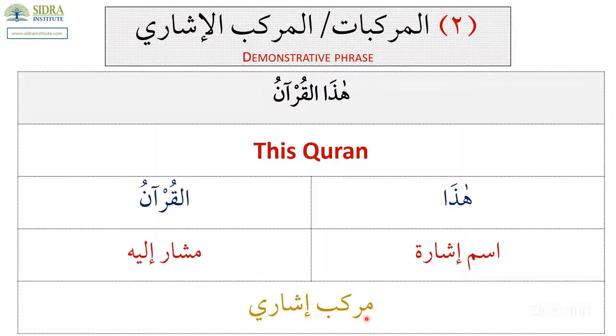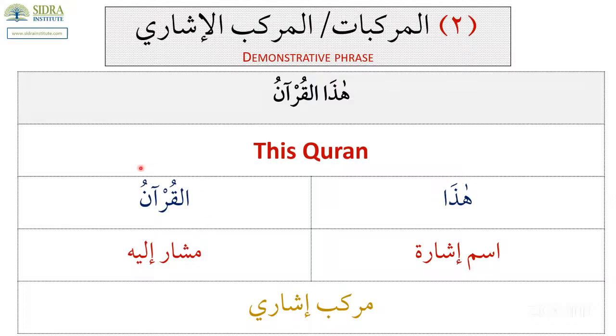Now when we check in the grammar books that mention the i'rab of sentences and phrases, this in essence comes under mubdal min and badal. Because when you say hada, you're referring to the mushar ilayh anyway. And if you were to just put your hand over the word hada, you've got the word al-Quran.